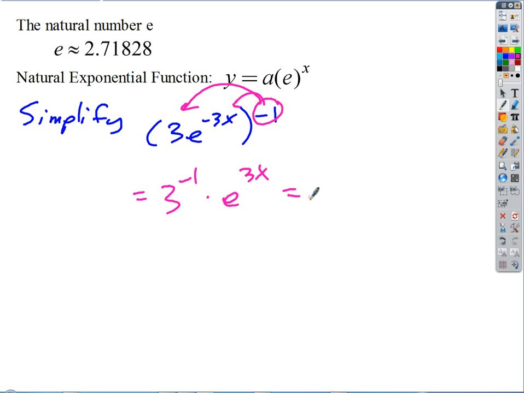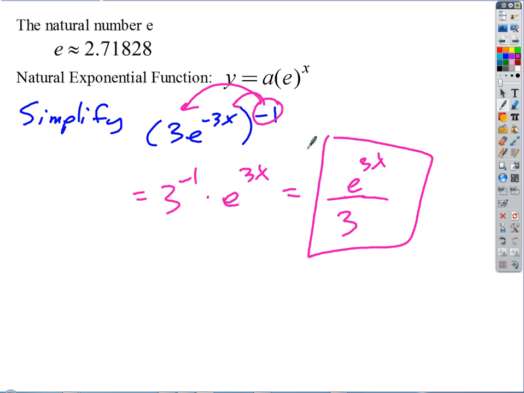A negative exponent, all that means is it's positive on the bottom, right? So it's going to be 1 over 3 to the 1. I don't even write the 1, right? And then on the top I get e to the 3x. That's my answer.